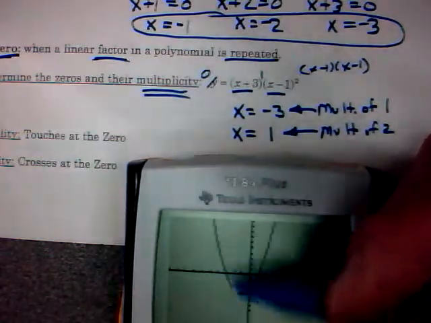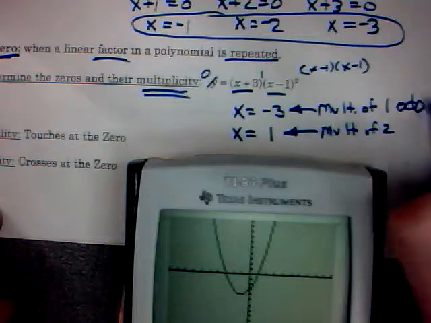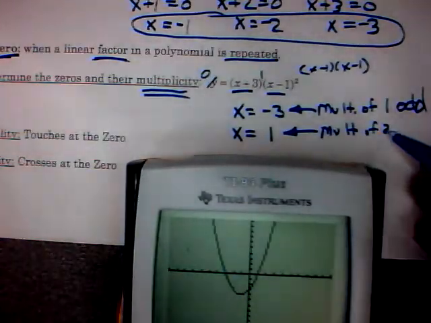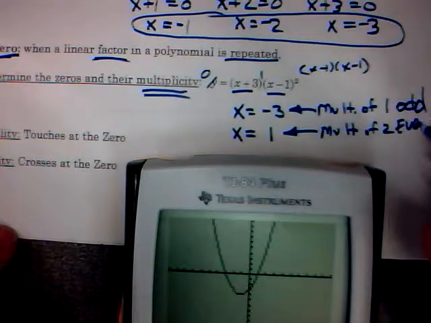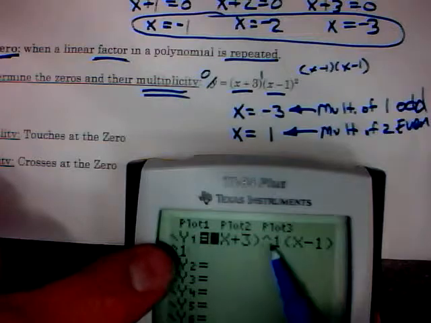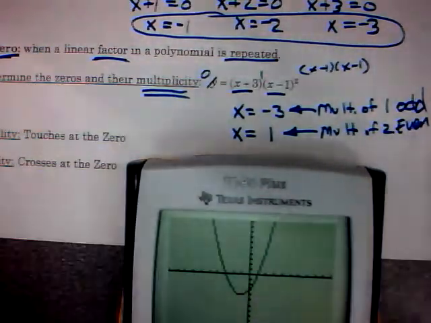And it crosses through here. If this number here is odd, the graph's going to cross through. If it's even, it's going to touch. Now, both of these, currently I have as 1 and 1, so they both cross through the x-axis.